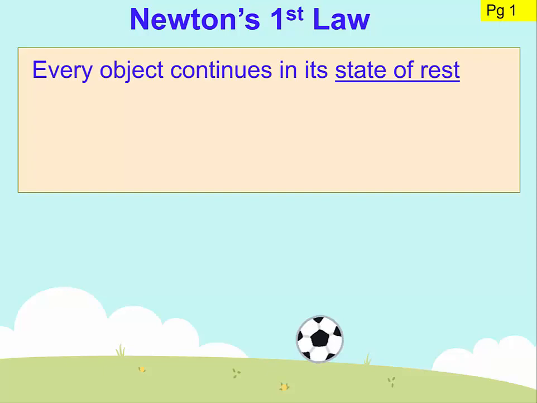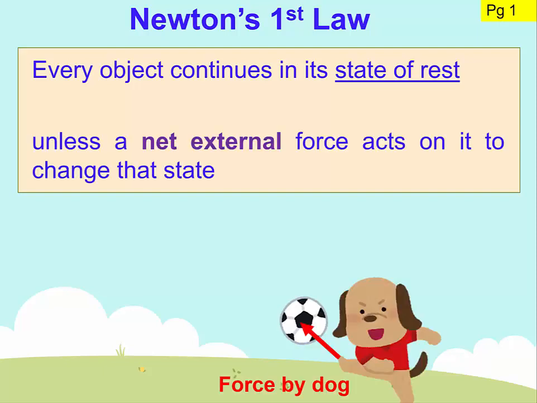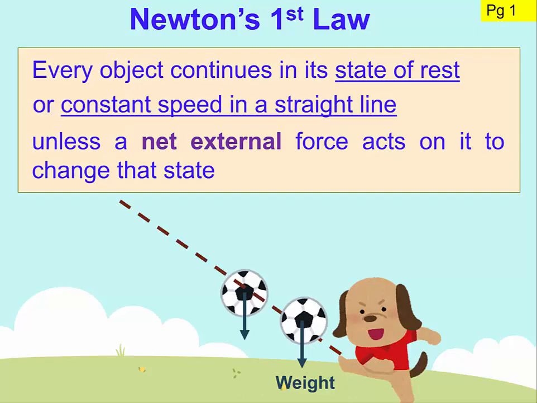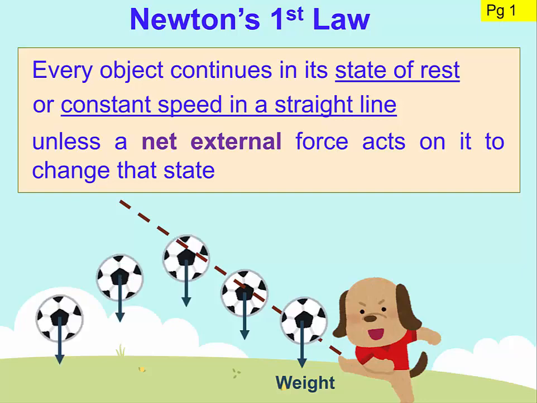Right? So every object continues its state of rest, like a ball remaining at rest, unless a net external force acts on it to change that state. And every object continues in its constant speed in a straight line, unless a net external force acts on it to change that state too, which is why the ball did not move in a straight line.